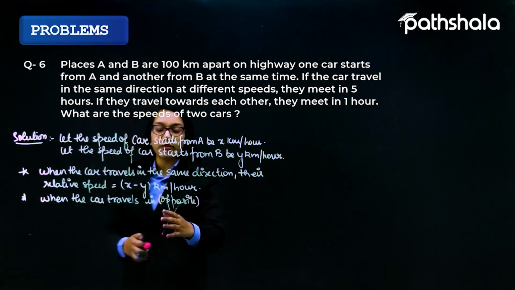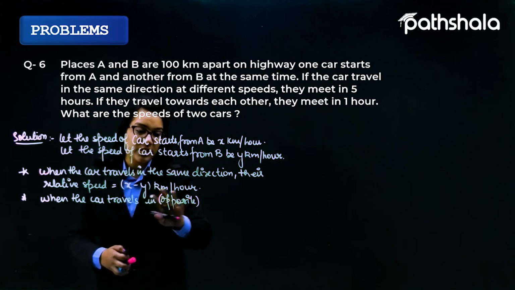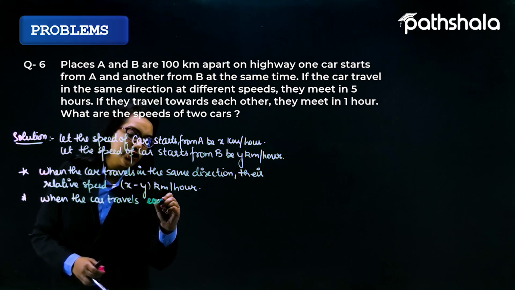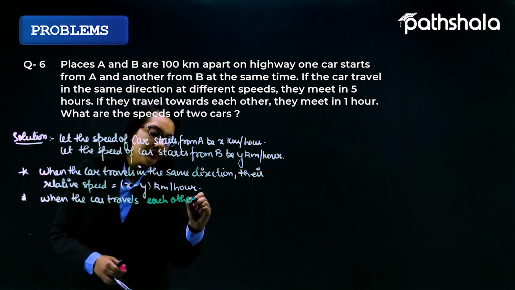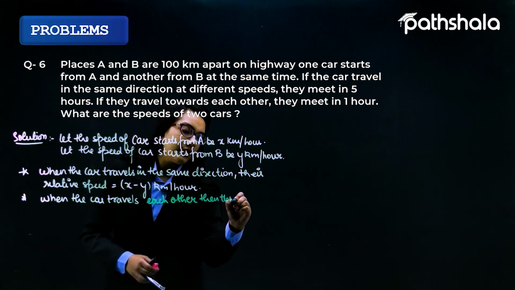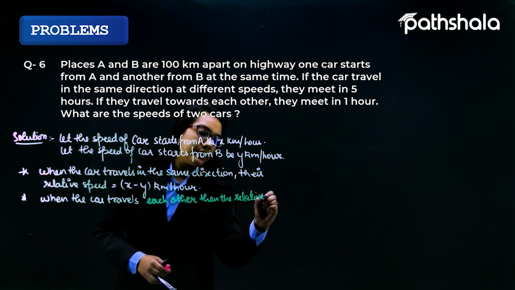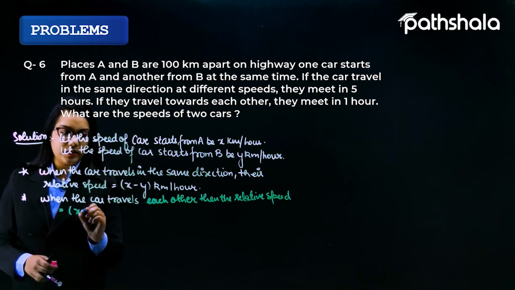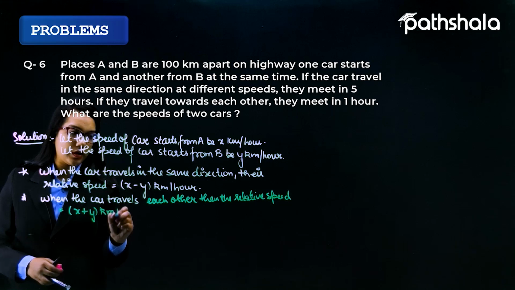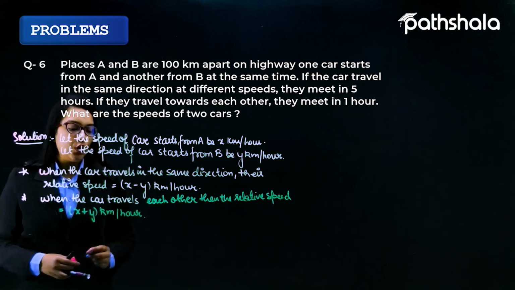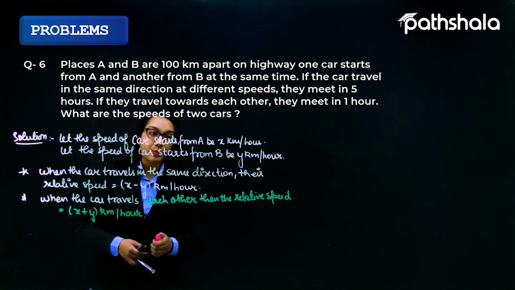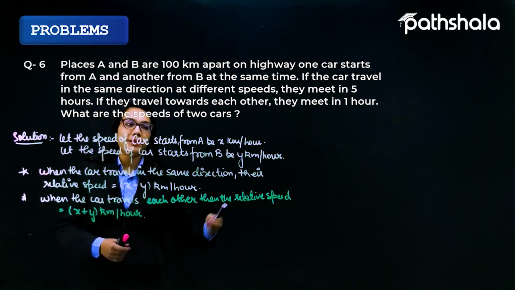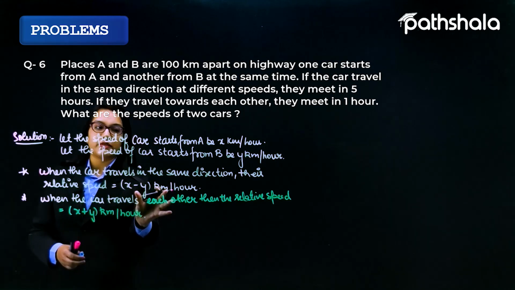So when the cars travel towards each other, then the relative speed of the cars would be x plus y km/h. When they are traveling towards each other, their relative speed would be x plus y. When they are traveling in the same direction, their relative speed is x minus y km/h.